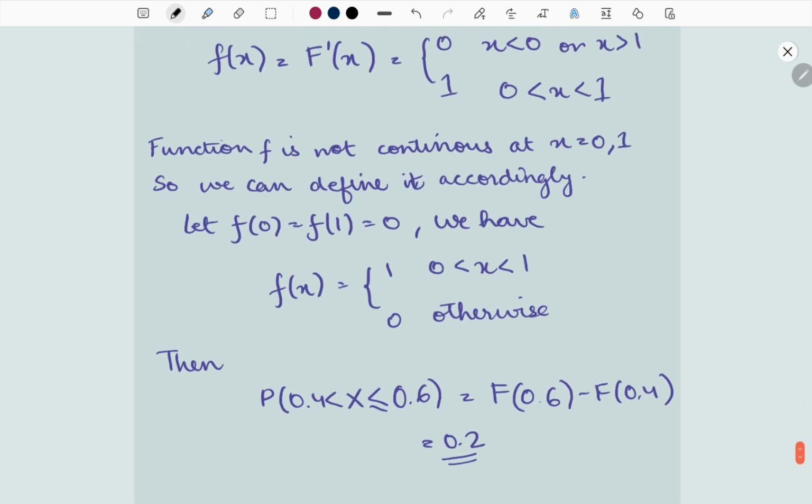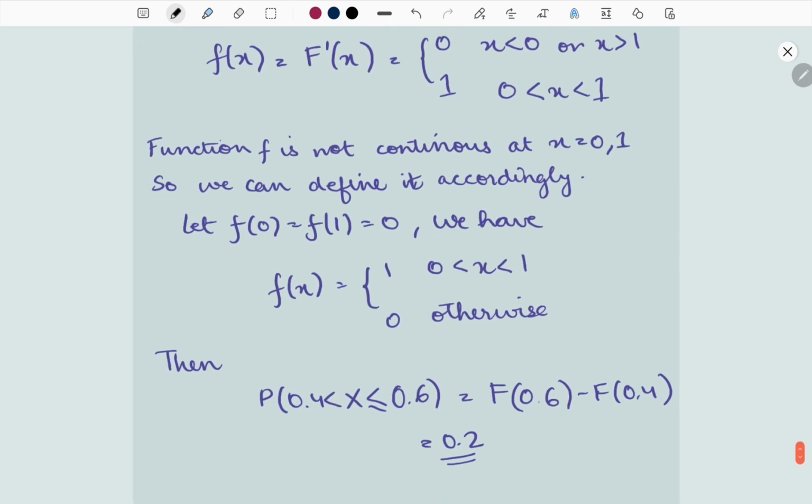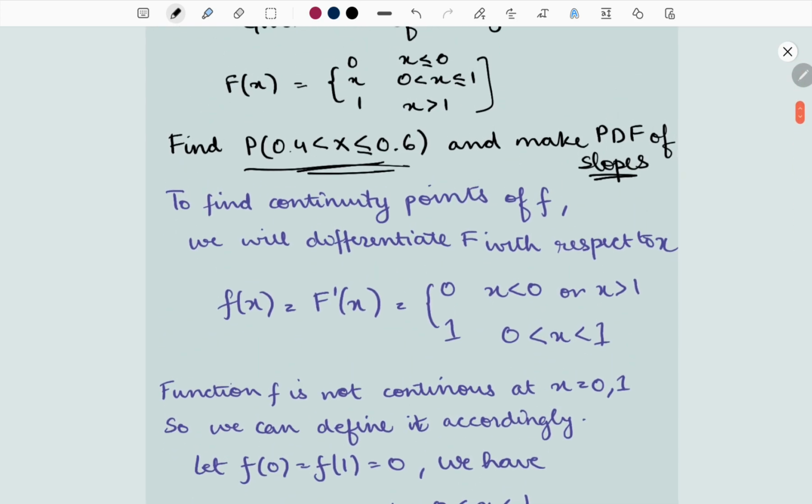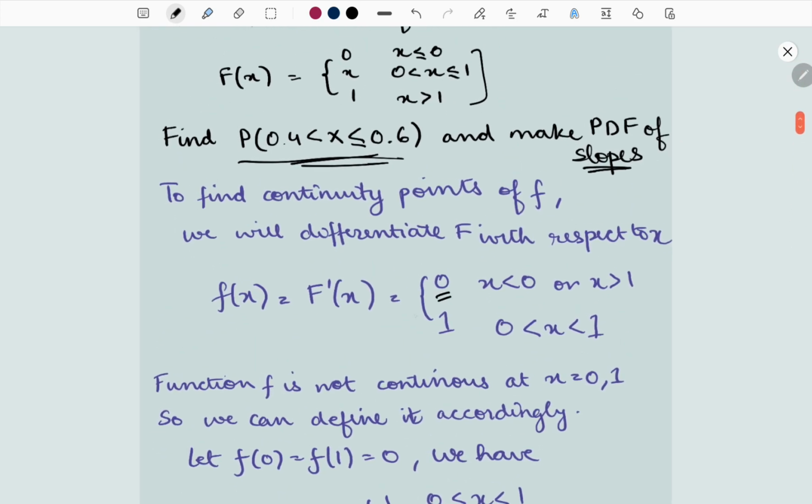After differentiating, a constant gives differentiation 0. So for x greater than 1 or x less than or equal to 0, we will get the value 0 here, because they are constants.